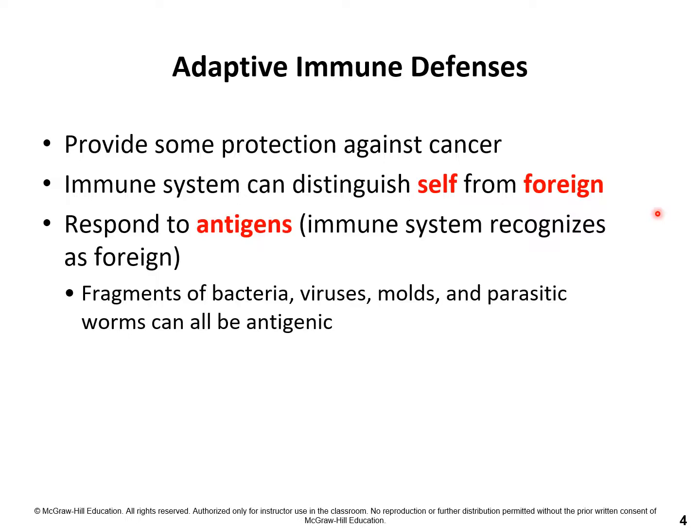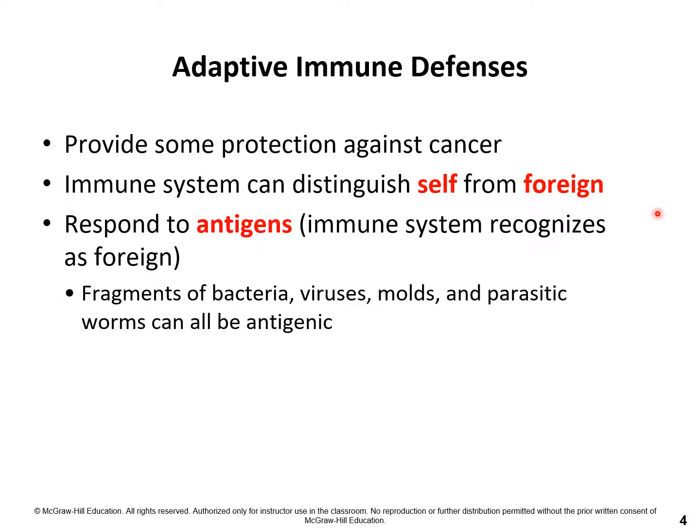The immune system also responds to antigens, and antigens are things that the immune system is going to recognize as foreign, things that are not self, things that are not our own cells. Our body will recognize them as foreign.